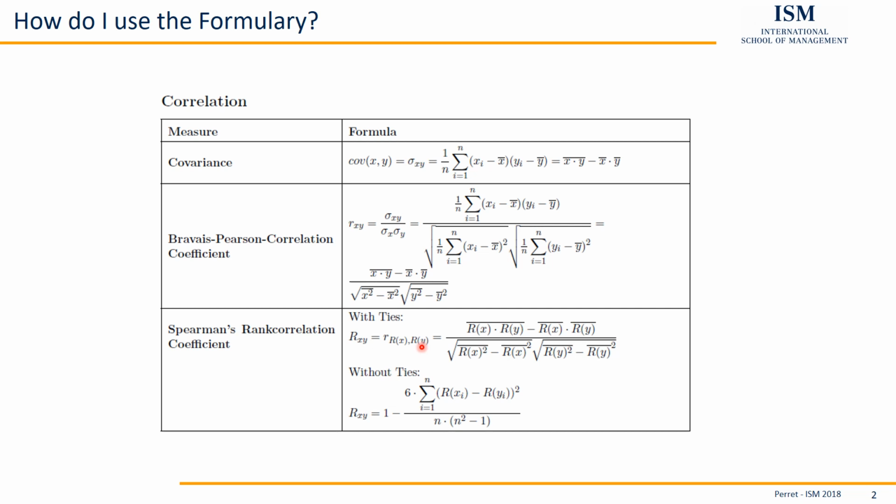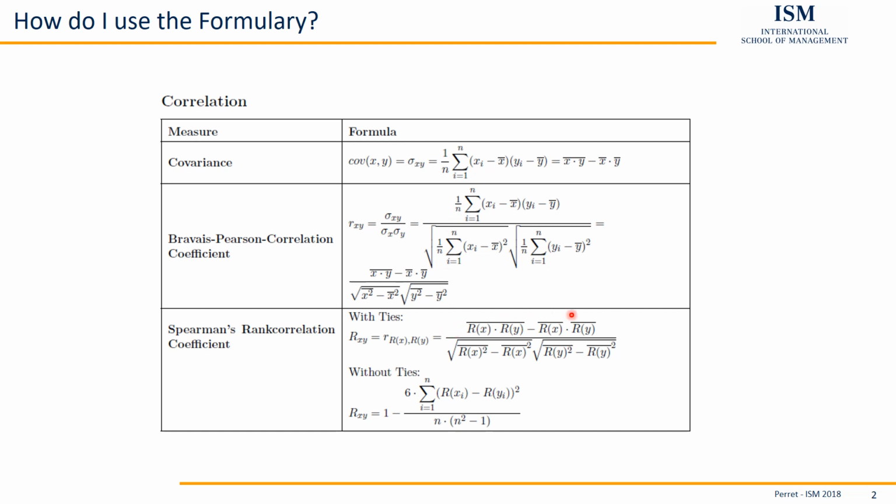And then, if we introduce two new rows where we have the ranked data, we can simply continue working as before. So using the Pearson correlation coefficient, the product moment coefficient, on the ranked data set.